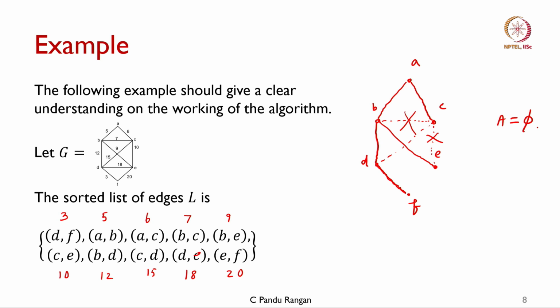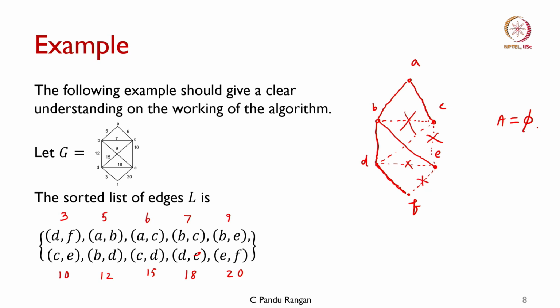DE, DE should also be ignored because DE is forming a cycle, DBE, DBE is forming a cycle, so this should also be ignored. And EF, EF should also be ignored because it is forming a cycle.